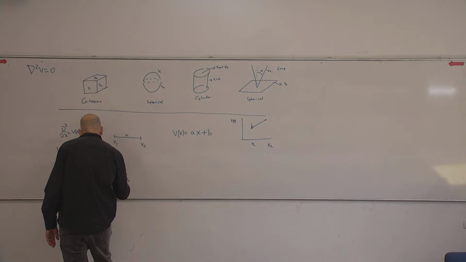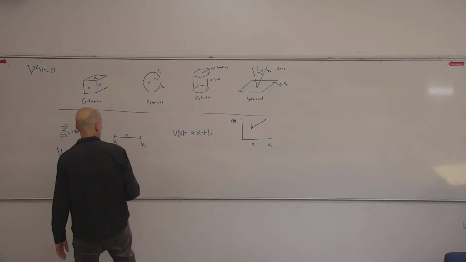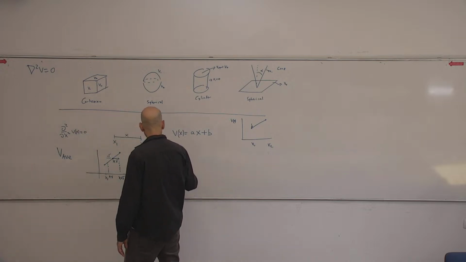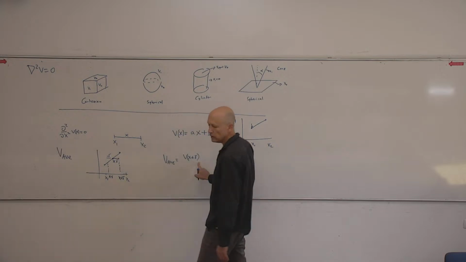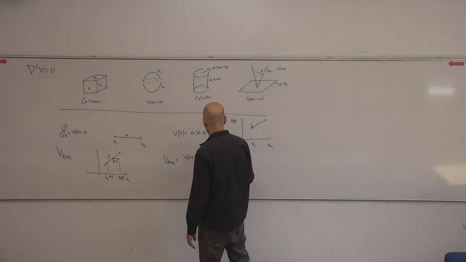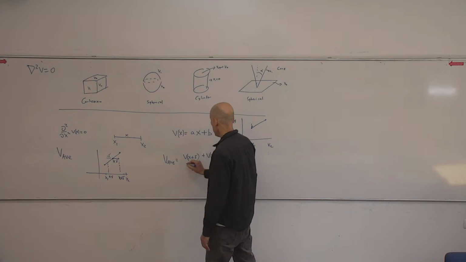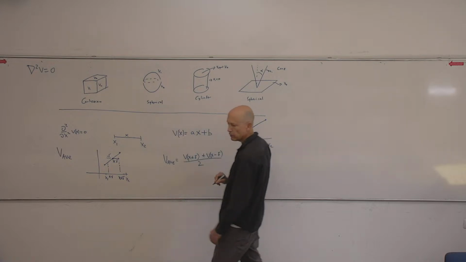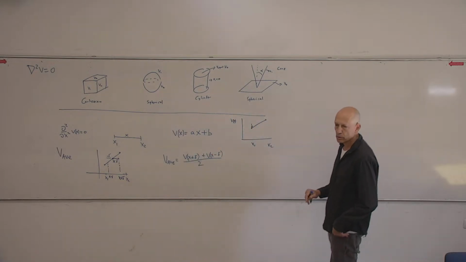So this is x minus delta. And V average I want to define as the potential at x plus delta, I go one step to the right, plus the potential to the left, and divide by 2. 2 is the averaging process.